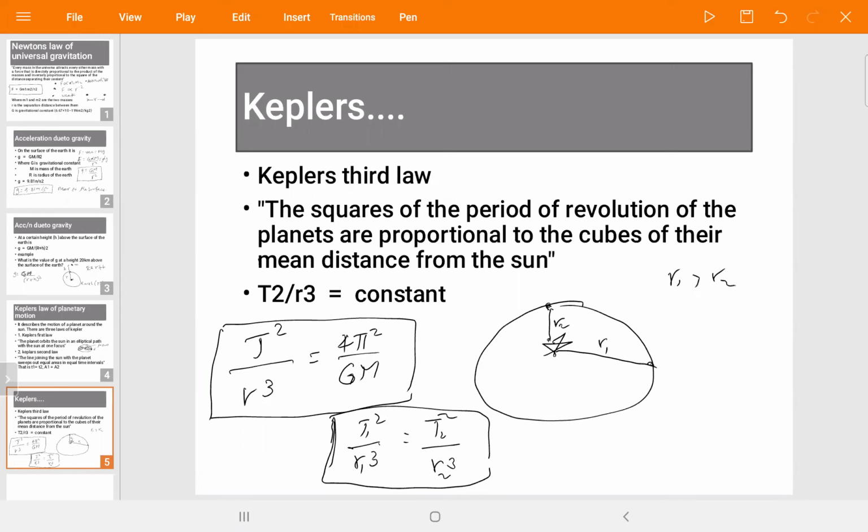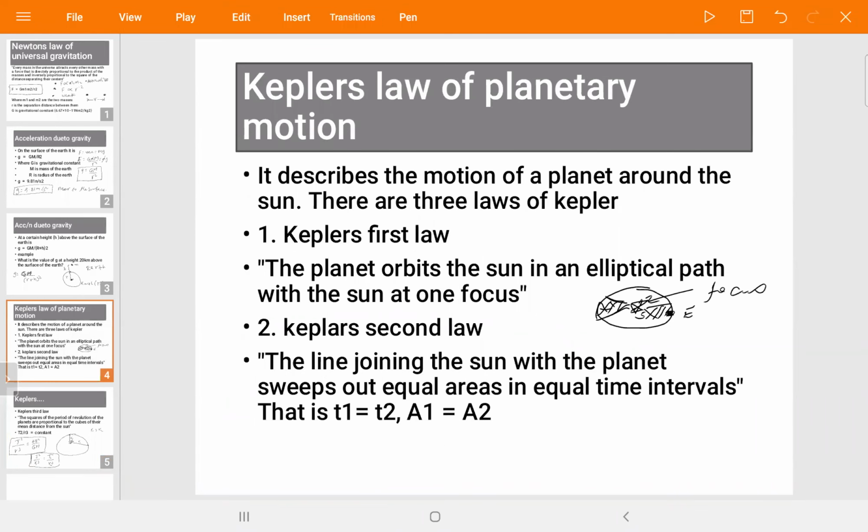So the type of motion that a planet makes around the sun is described by Kepler's laws. There may be a more detailed explanation, but this one is an introduction part. So Kepler has 3 laws. The first law states that the planets orbit the sun in elliptical paths.